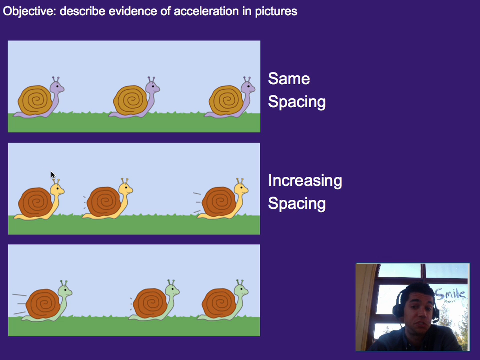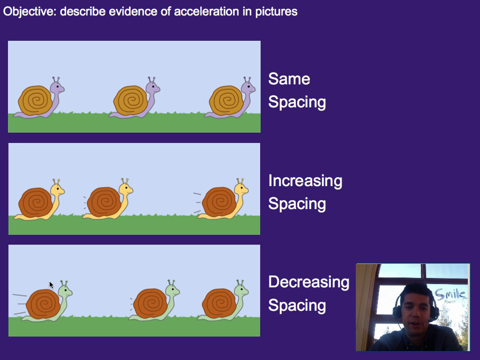He's picking up speed. So anytime he's picking up speed, we know the acceleration is in the same direction as the velocity. So if his velocity is this here, and a little bit bigger there, and a little bit bigger there, then the acceleration must be in the same direction because it's adding to the velocity, making it bigger and bigger and bigger.